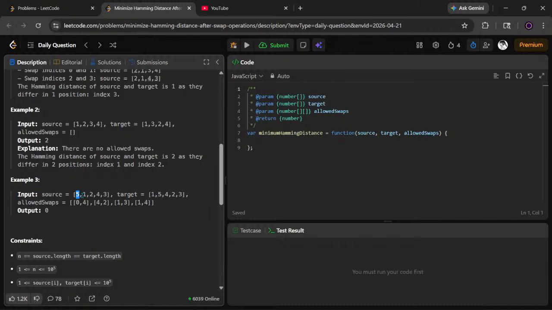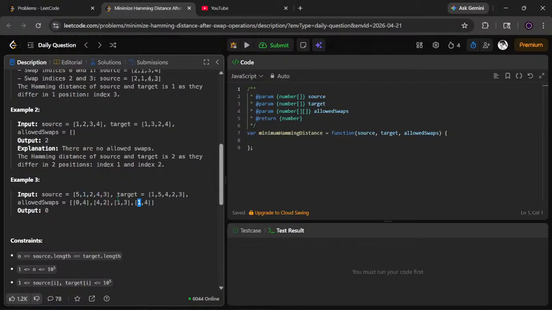If we swap 0 and 4, then it will become 3 and this will become 5. If we swap 4 and 2, then this will become 3 and this will become 4. After that, if we swap 1 with 3, indices 0, 1, 2, 3, this will become 4 and this will become 1.